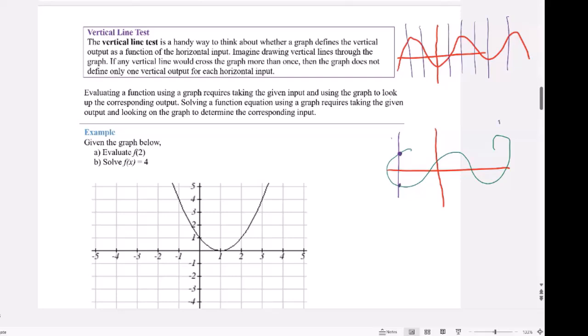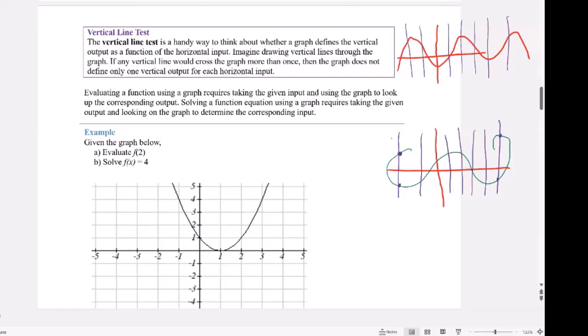If I put a vertical line here, it's going through 2 points. Even though in many other places, it's only going through 1 point. If ever it goes through 2 points, we can automatically say it's not a function. If only one place it goes through 2 points, it's not a function.